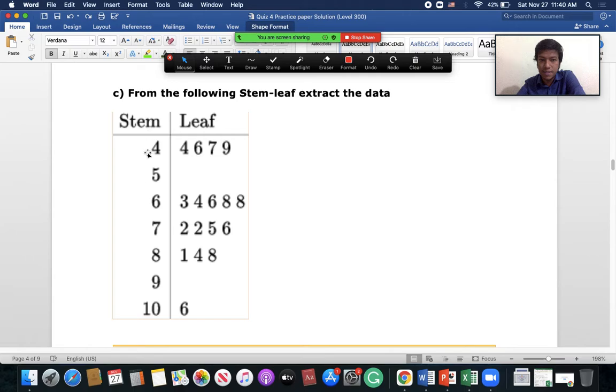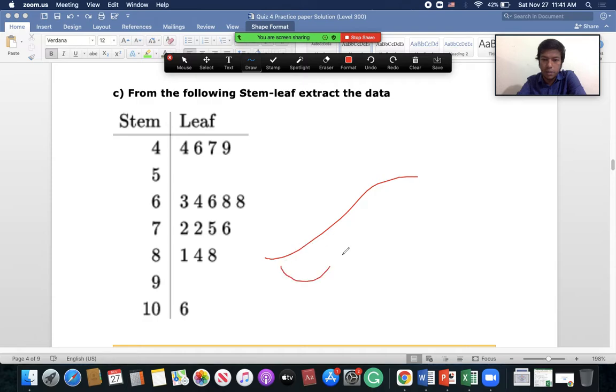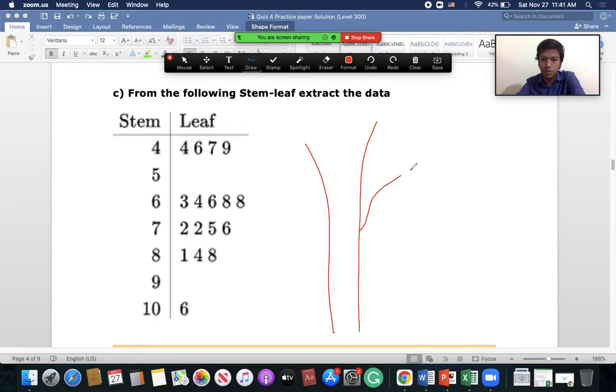Stem and leaf means this is the stem, like a tree. You have some stem of a tree. Let's draw a tree. Then you have some tree, these are the leaves, and these are analogous, that is why I'm drawing it here.